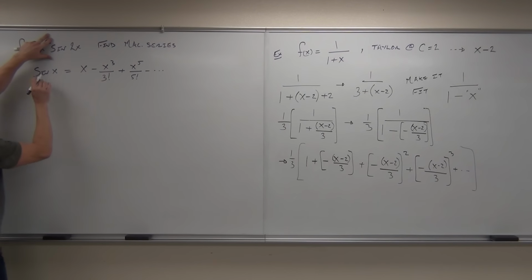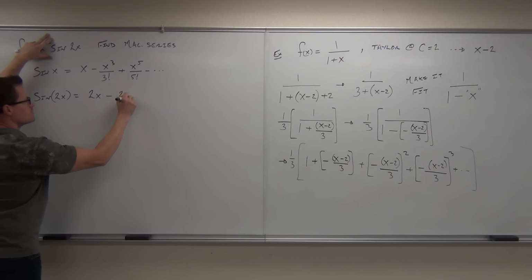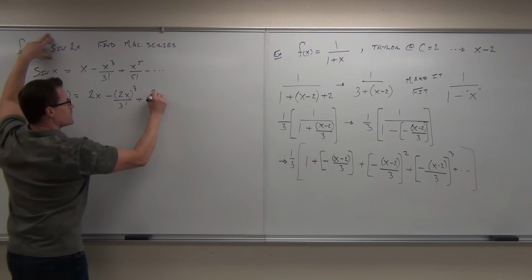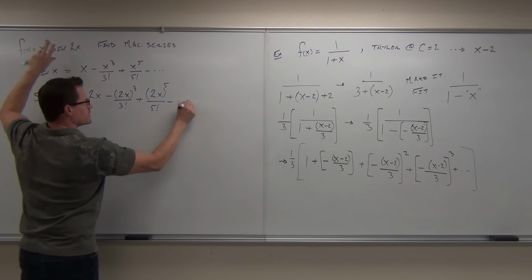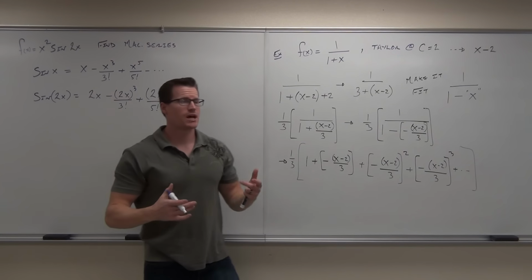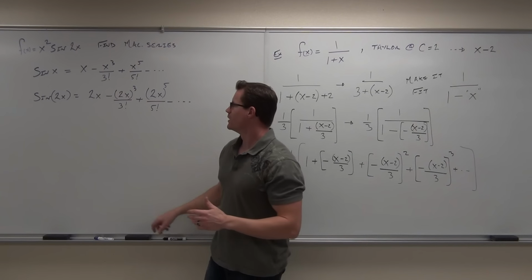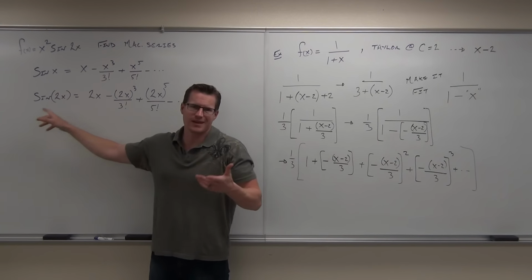If sine x equals this, then sine 2x equals, plug it in, 2x minus 2x to the third over 3 factorial plus 2x to the fifth over 5 factorial minus, and you keep going like that. Notice how I keep using the word junk, I'm going to still. Your x, your junk, is now 2x. So you just plug it in.